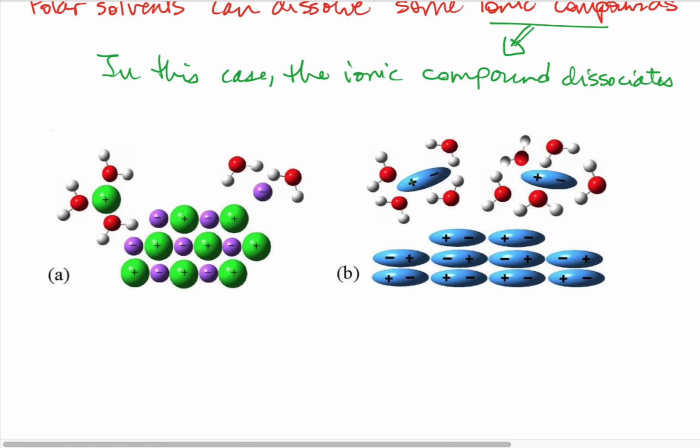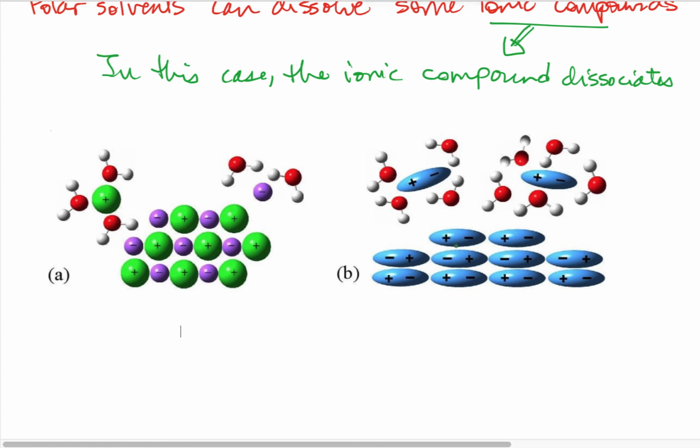The partial positive side of the molecule will associate with the oxygens of the water. And the partial negative side of this covalent compound will also associate with the hydrogens on the water. So we always have attraction taking place where the positive parts of either our molecule or our cations are going to be associating with the oxygen on the water, and the negative parts of our molecule or our anion are going to associate with the hydrogens.